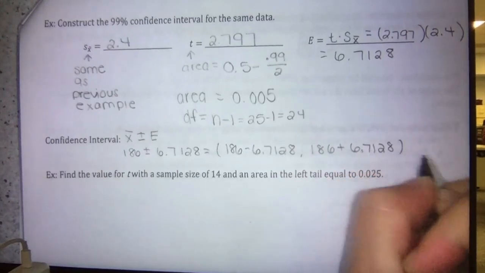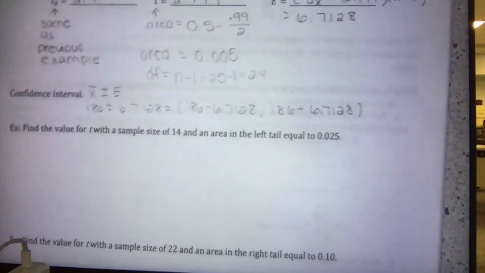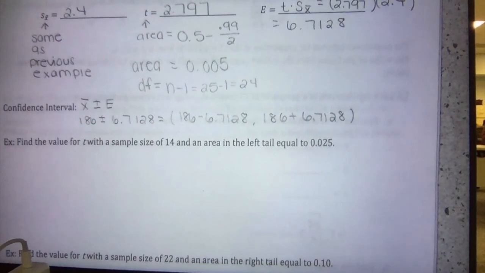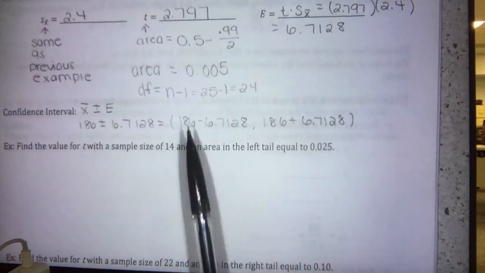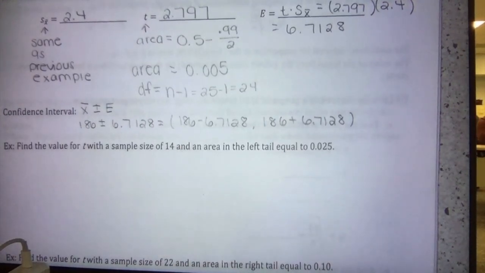Now I want to make sure, because I answered some email questions over the weekend, and I want to really drive this home, because that was a question for multiple people. Make sure this is interval notation, so it has to go from least to greatest. It has to go from left to right whenever we look at it. So it has to be in the right order, from least to greatest.